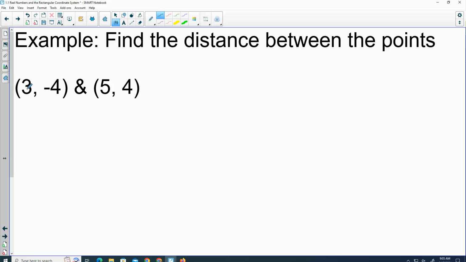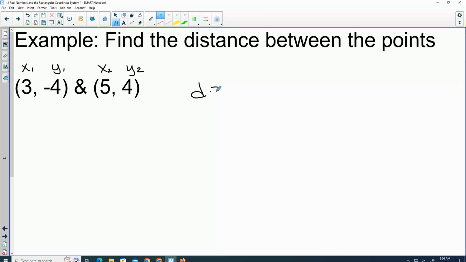When I ask you to find distance, I am never going to want decimals in here, so we'll just keep it in radical form, but make sure we reduce it as much as possible. So if I ask you to find the distance between the points, 3, -4, and 5, 4. And this is our x in the first, y in the first, x in the second, and y in the second.